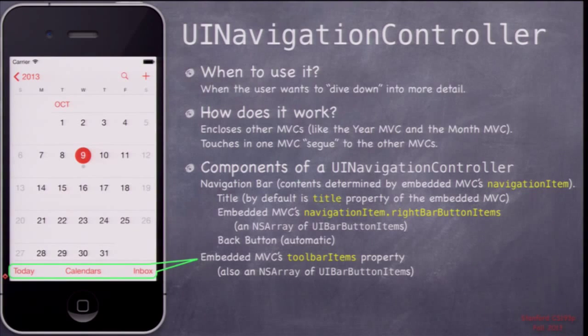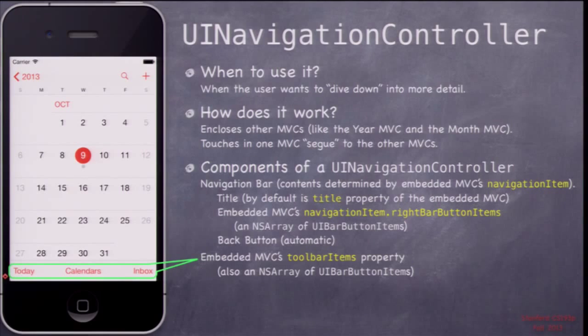Now down at the bottom, you see there's a little light gray bar there. That's not always there. That wasn't there on the calendar event view MVC, by the way. This is just a bunch of UIBarButtonItems that, again, the navigation controller only displays if the embedded MVC's view says that it wants them. There's another property for that called toolbarItems.